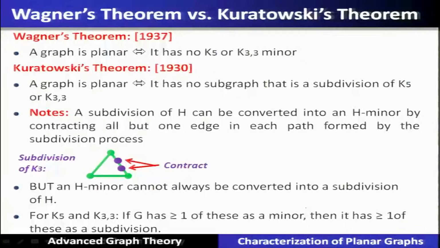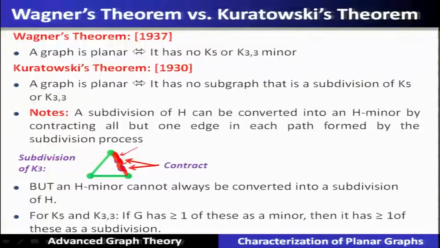Let us see this particular example. If this is the subdivision, we can convert it into H minor by performing the edge contraction. When we perform the edge contraction, this will become one particular vertex. Then again we will perform the edge contraction, then this will become one, and then again one more edge contraction.